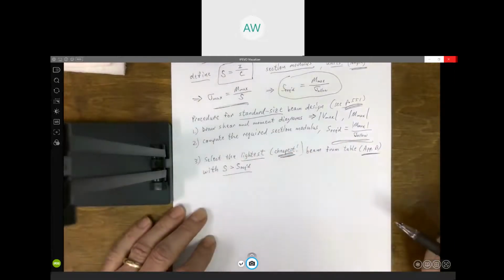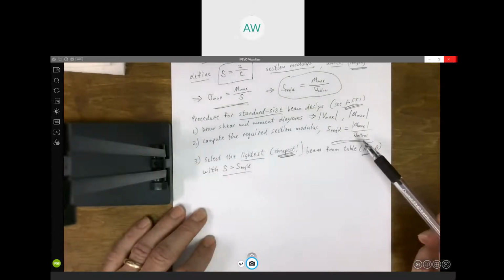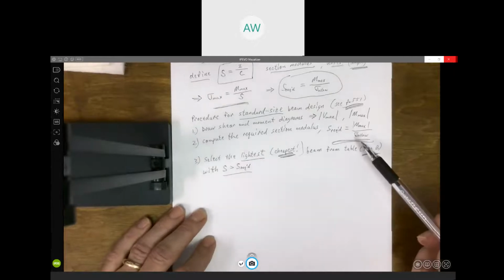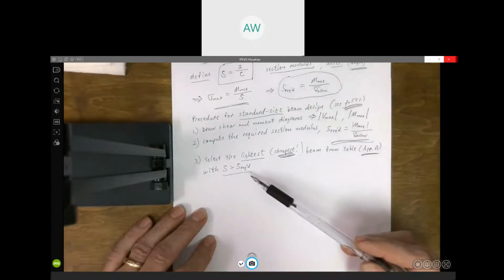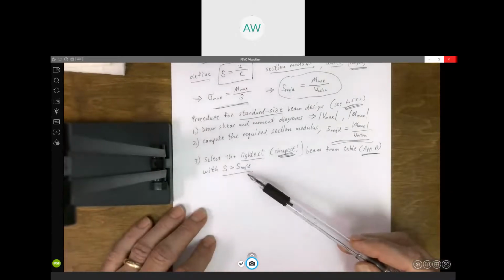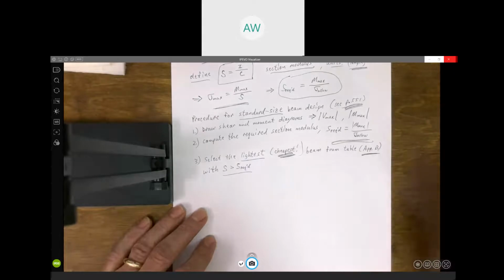You could put greater than or equal to, but the odds of you finding a beam with the section modulus exactly equal to the required is slim to none. So we're going to choose one that's got a section modulus greater than the required section modulus.